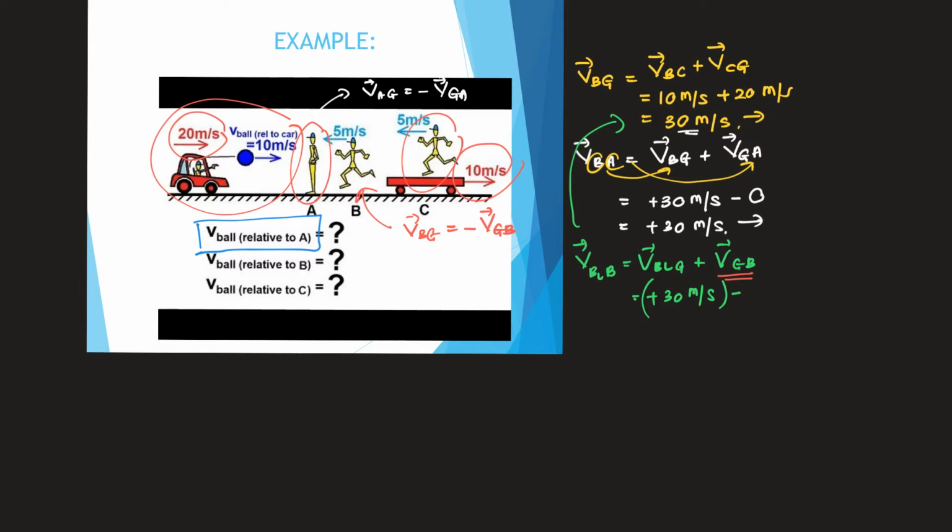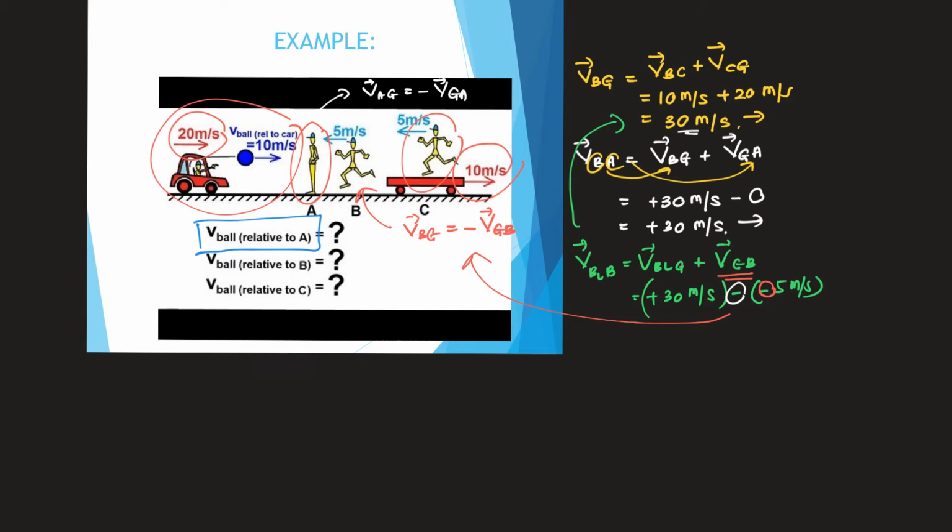And it's moving to the left, right? So you need to put another negative because it's moving to the left at 5 meters per second. Please take note, the negative here represents VBG equals negative VGB, because the subscript already changed position. And then the negative here represents the direction of person B, who is actually moving to the left.